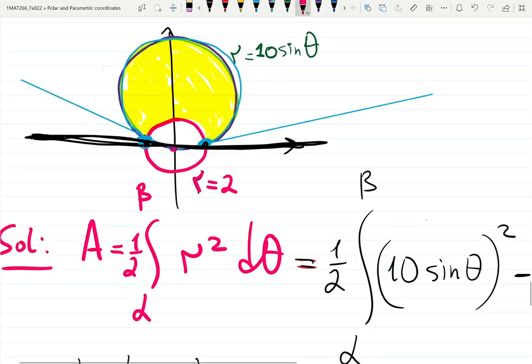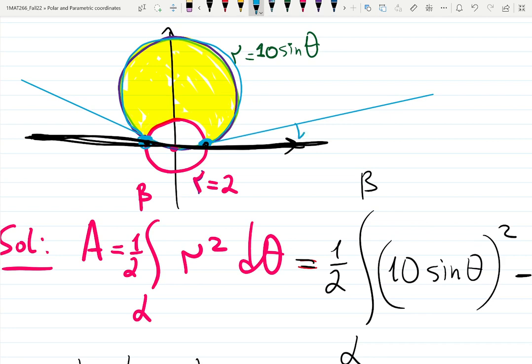So if I found the first angle in blue, which is alpha equals arc sine of 1/5, how to find beta? Do you know? 180, which is pi, minus whatever we found. And that's what we're going to be using here.